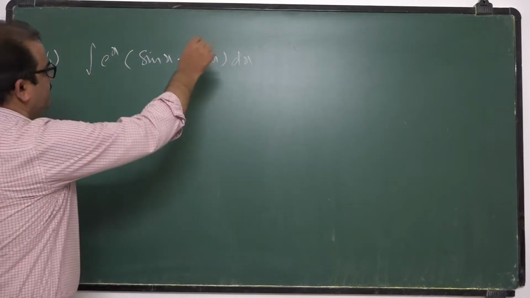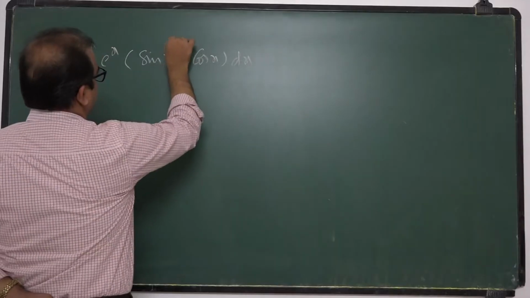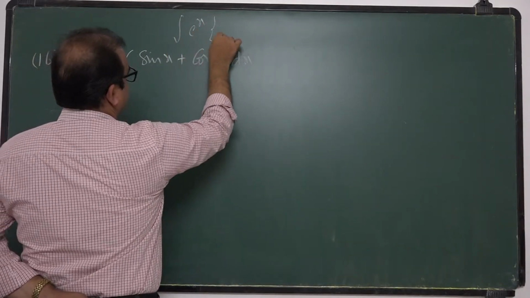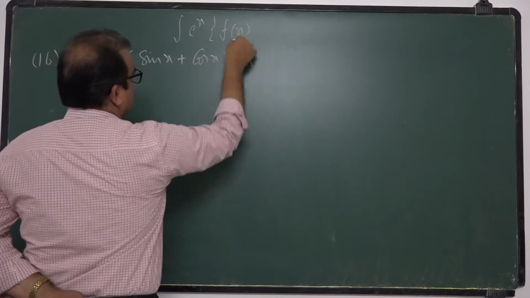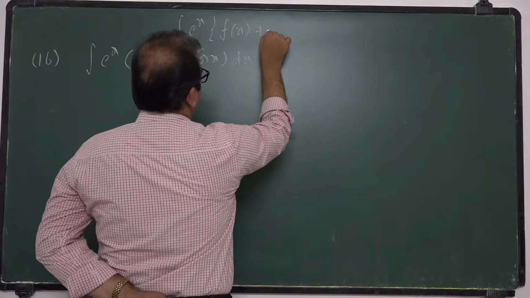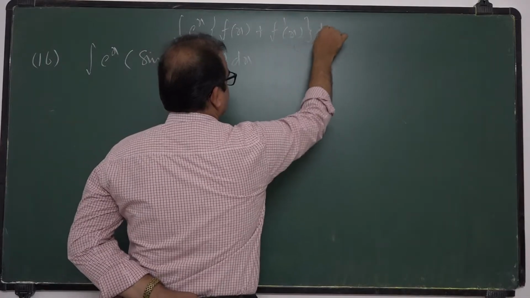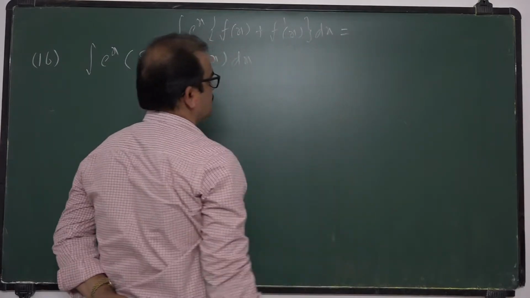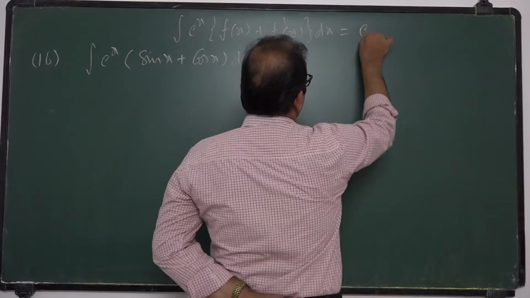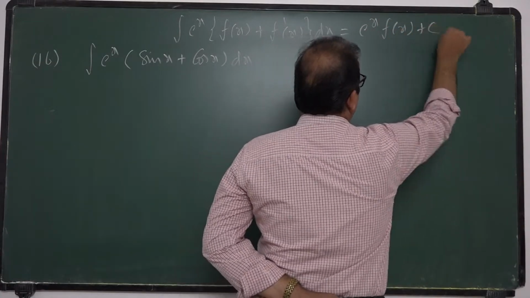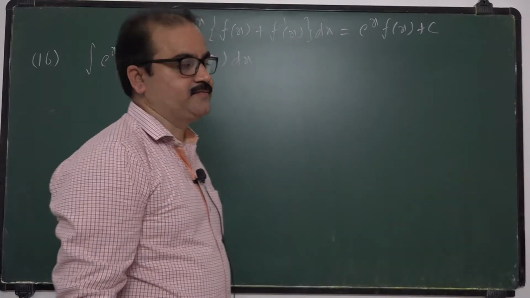Now, in integration by parts, we already discussed this formula: integral e power x into f of x plus f dash x dx is equal to e power x into f of x plus c.